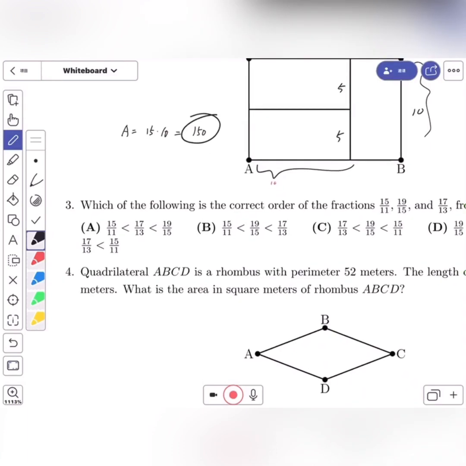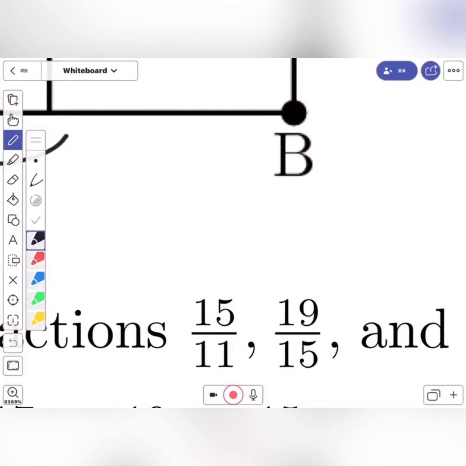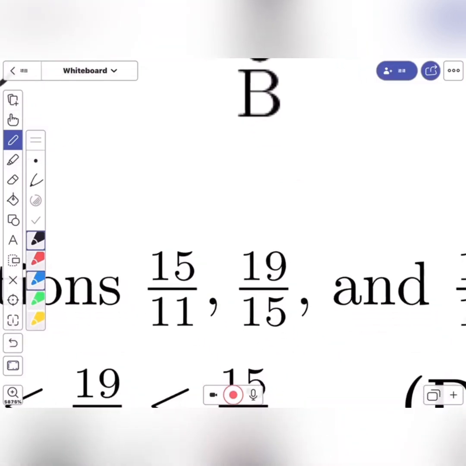So number 3. Which of the following is the correct order of the fractions 15 over 11, 19 over 15, and 17 over 13? So we notice that, is there any similarities between all of these fractions? Oh, yes. The numerator would always be 4 more than the denominator, right?